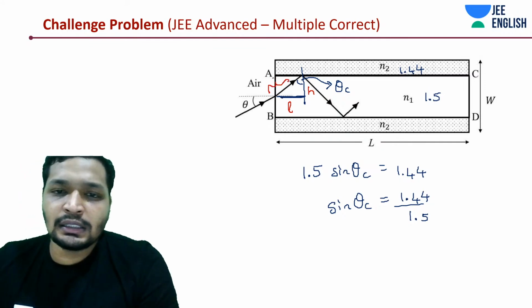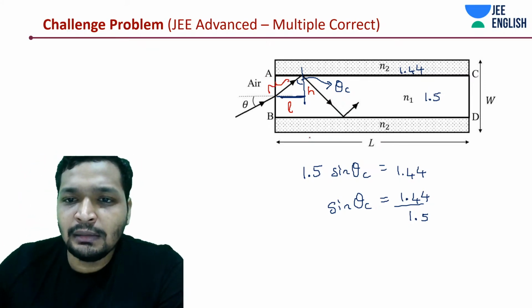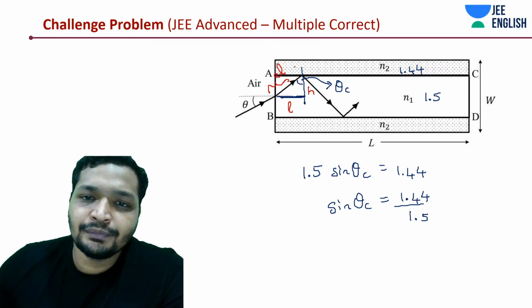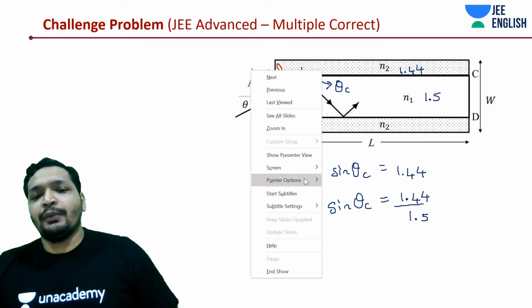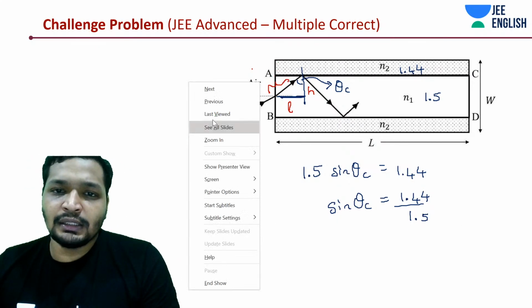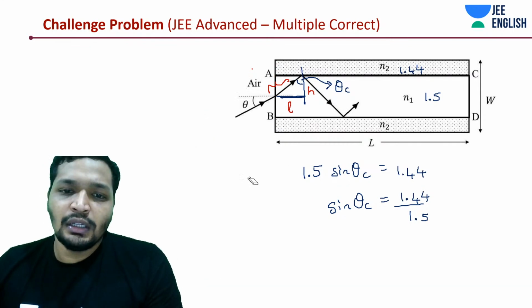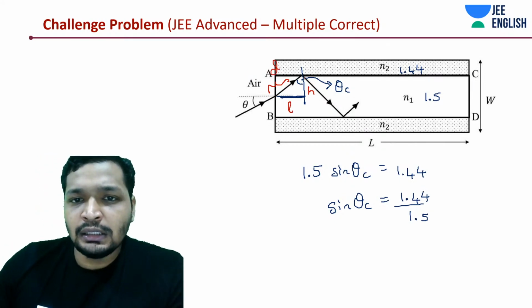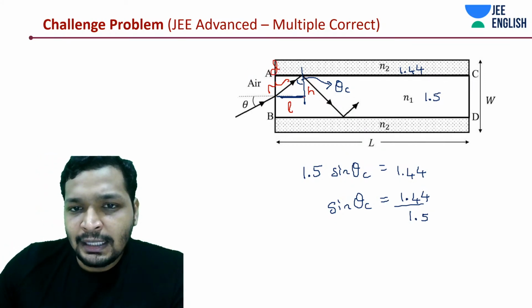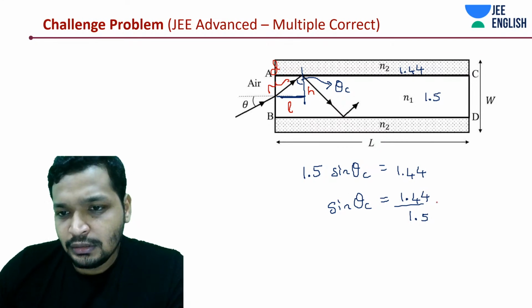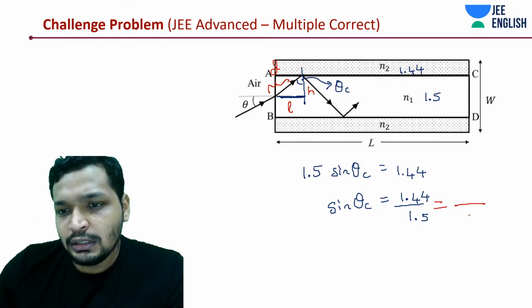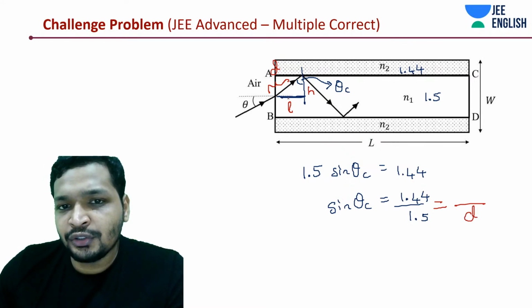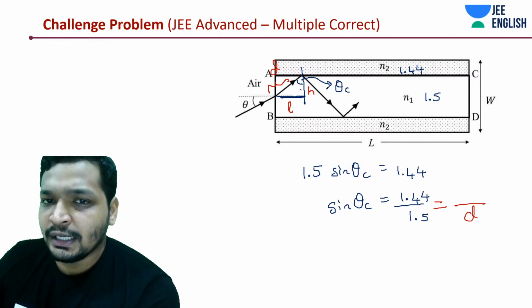Let's call this L, because I'm trying to correlate with this height L, and this some D. It has a base and a hypotenuse; let's not call it C, that is confusing. Let's call it D. So this hypotenuse should be D, and this opposite side should be L.